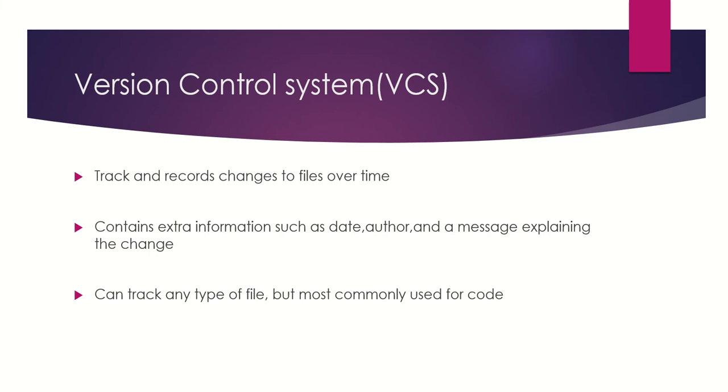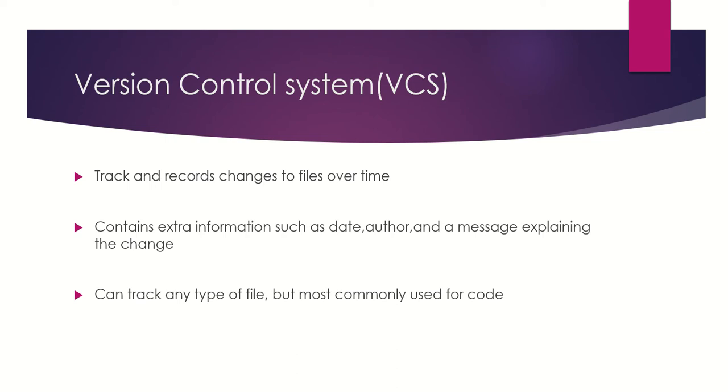A version control system can be used to track any kind of files, such as images or text files, but they are most commonly used to record the changes made to code. Throughout this course, you will be using code files as examples to demonstrate how a version control system works.